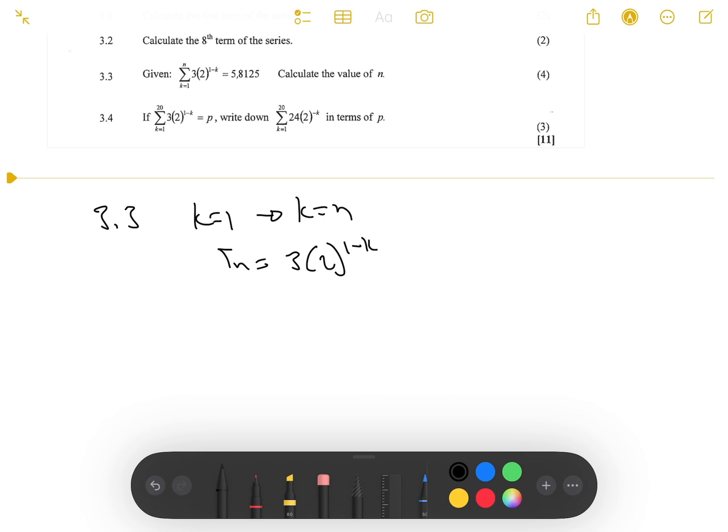For us to calculate the value of n, one thing that we are also given that I have to highlight is that Sn is equal to 5.8125. Why am I saying that? As you might have seen in my previous video, Sn is equal to the sum from k equals 1 of 3 times 2 to the exponent 1 minus k. It's the same thing. So from that, calculate the value of n.